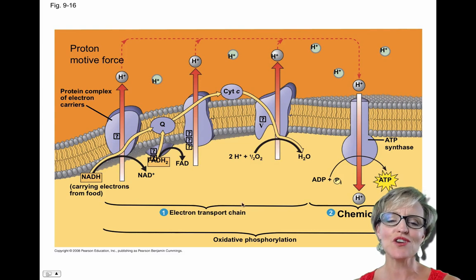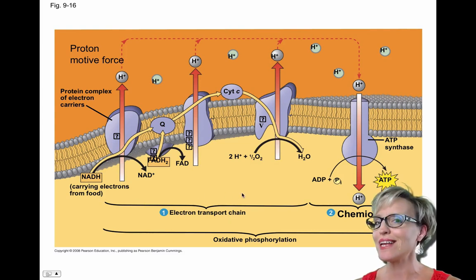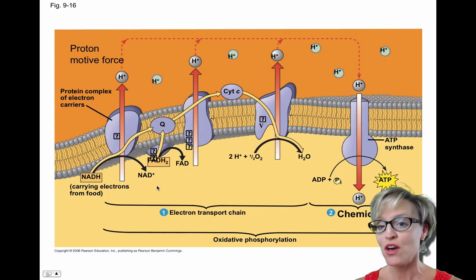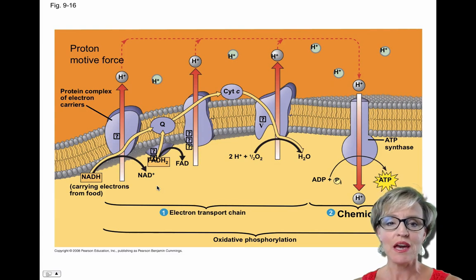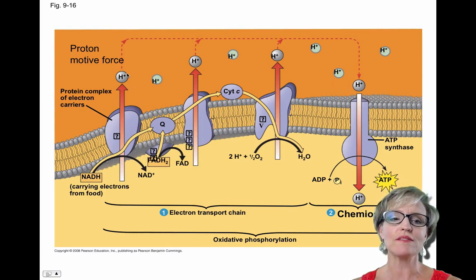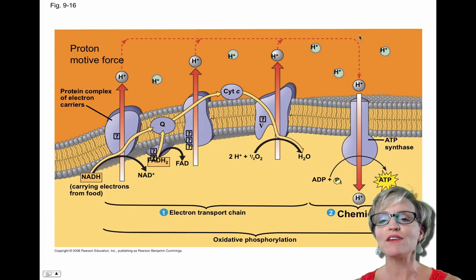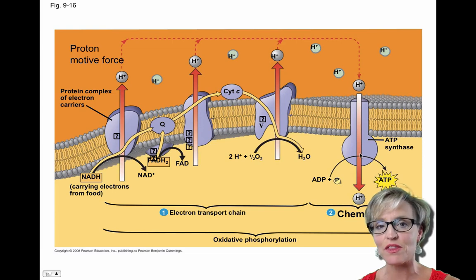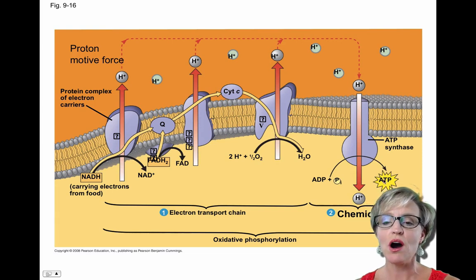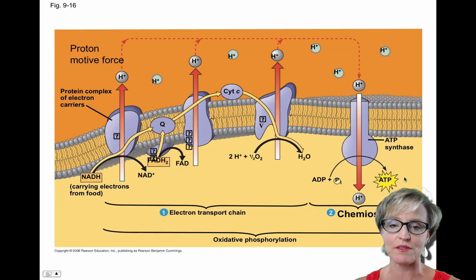Notice that the electron transport chain does not in and of itself create ATP. It simply creates a proton motive force in the intermembrane space. As those diffuse through the ATP synthase, that's when we're generating our ATP, and that substage is called chemiosmosis.